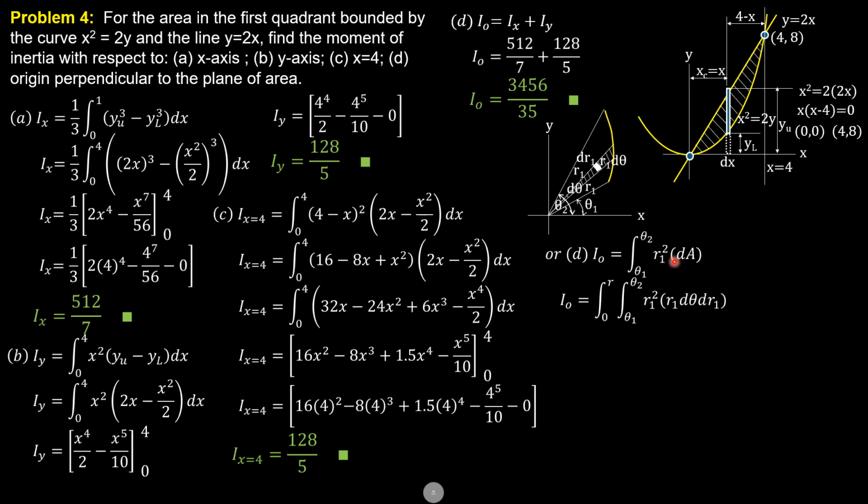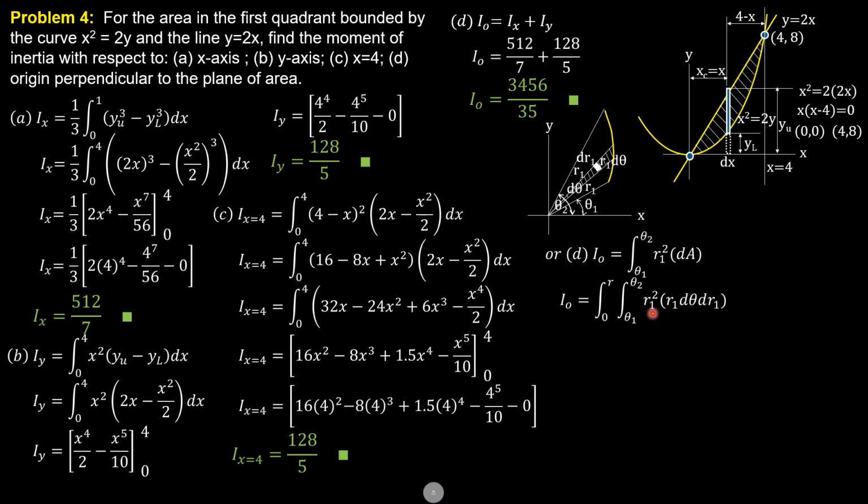So we replace differential area by the area of that white shaded differential element, and it is r1 d theta, the arc length, take note, radius times central angle, d theta, and the thickness is differential r1. So we can evaluate the first integral, then the final would be from theta 1 to theta 2.